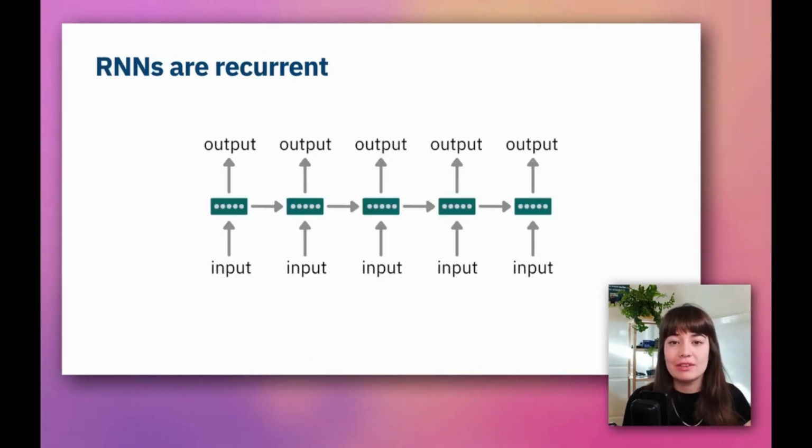The difference between neural networks and recurrent neural networks is that they are recurrent. That means that the same thing happens over and over again in a way. This is what a recurrent neural network looks like when it's unrolled, and I will also show you the rolled form. Each of these little sections is the same network, the same neurons.